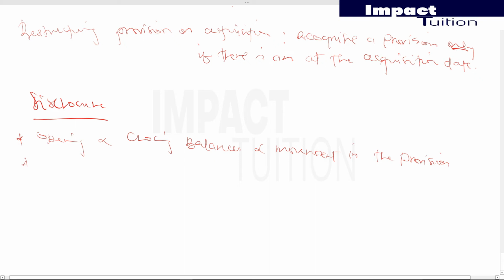Then we should also disclose a brief description of certain things. What are they? The nature of the obligation, that is one. Two, expected timing of any settlement.